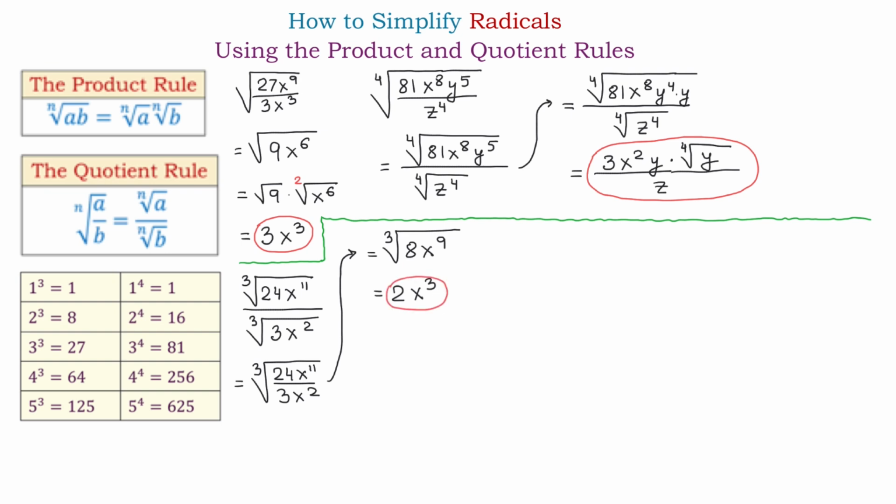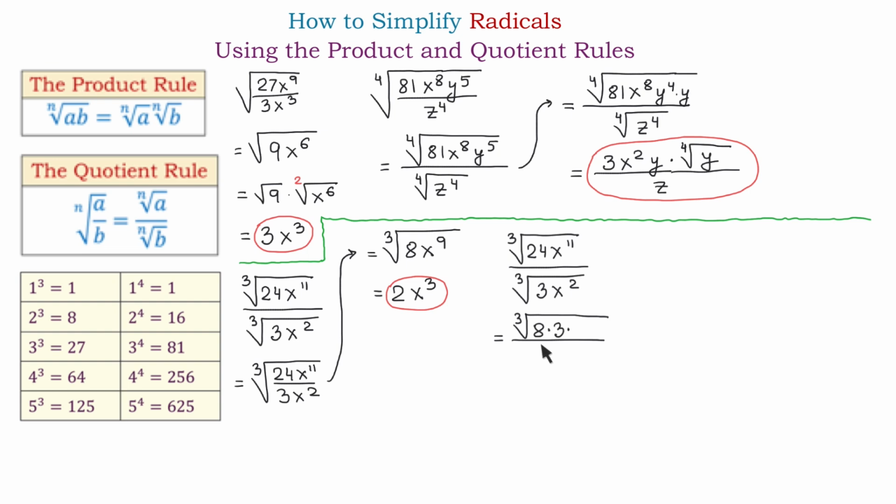And now let's have this problem one more time. And instead of applying the quotient rule, let's simplify each of these radicals individually. We will start with the numerator. 24 is not a perfect cube, but we can write 24 as a product of 8 and 3. So then, in the numerator, we will have the cube root of 8 times 3.